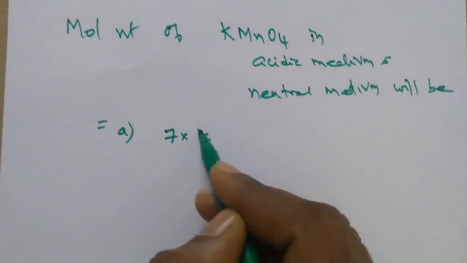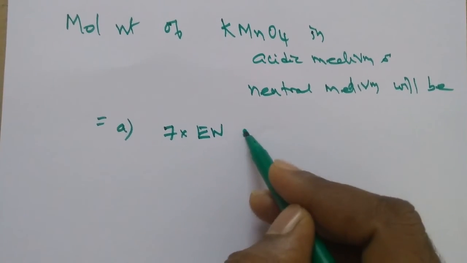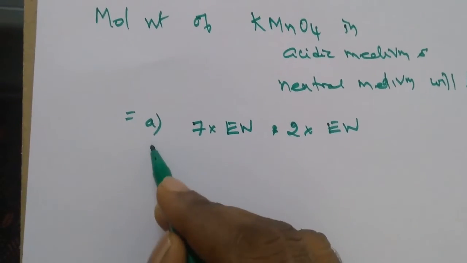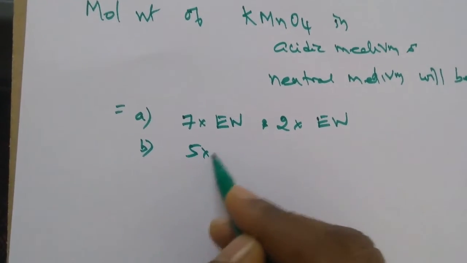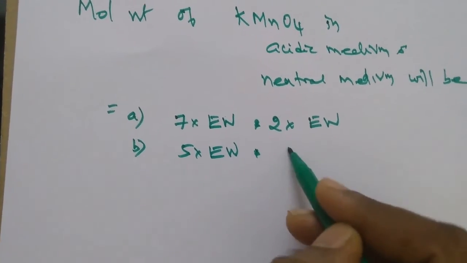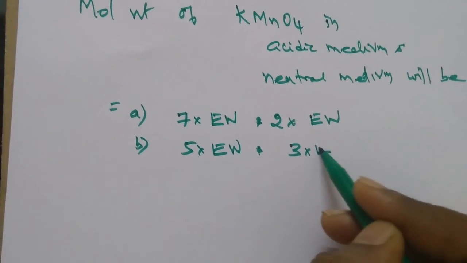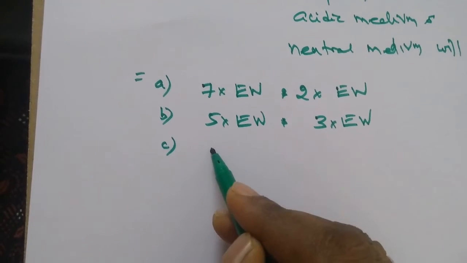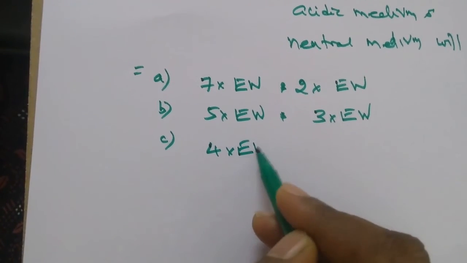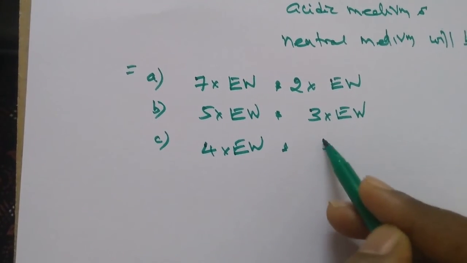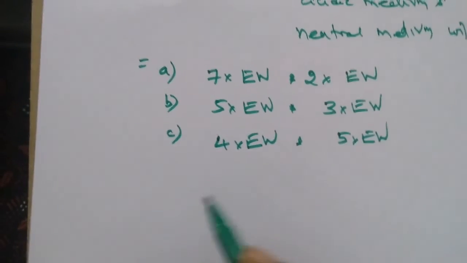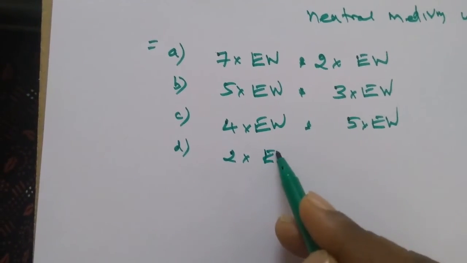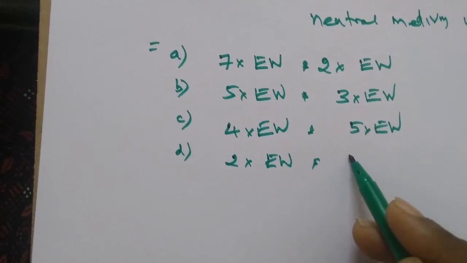A, 7 times equivalent weight and 2 times equivalent weight. Second choice, 5 times equivalent weight and 3 times equivalent weight. Third choice, 4 times equivalent weight and 5 times equivalent weight. Next choice, 2 times equivalent weight and 4 times equivalent weight.